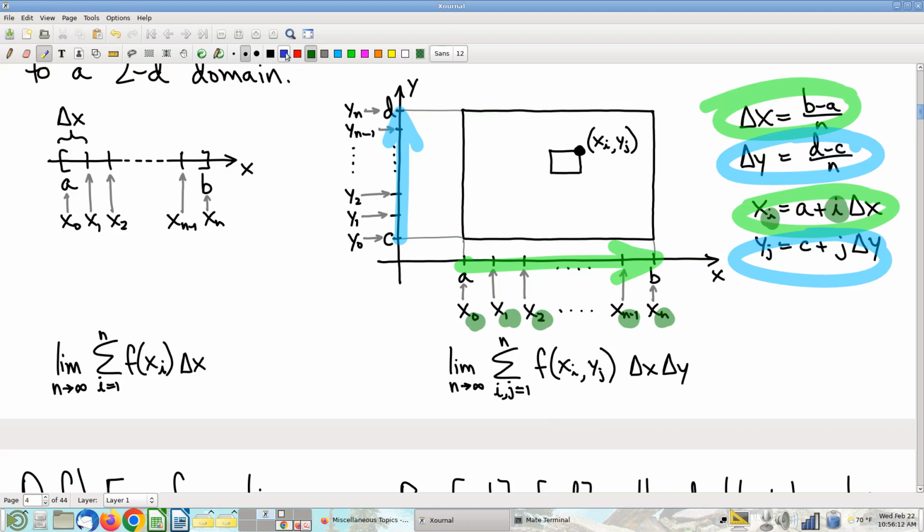So when I'm keeping track of where I am on the y-axis, I use J instead of I. It's serving an analogous purpose, but a different letter. Whatever. And all of this documented.